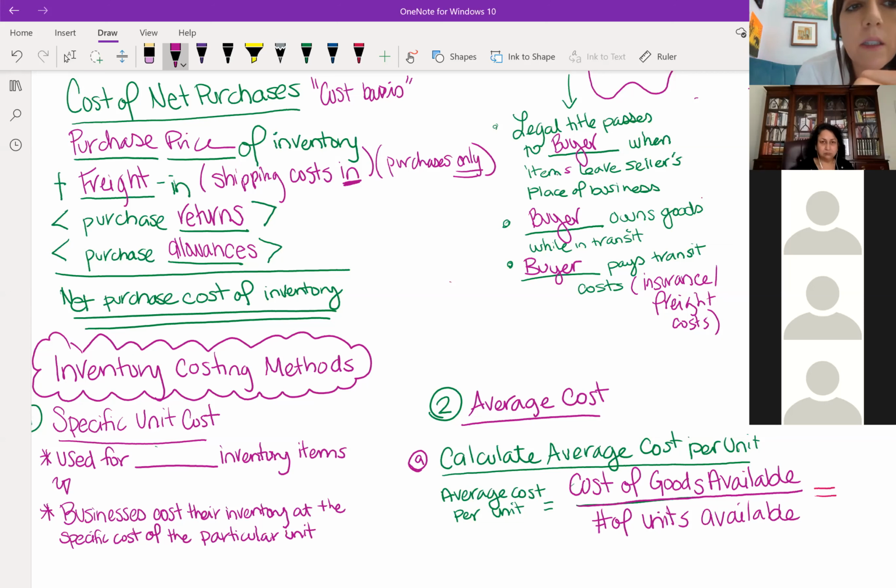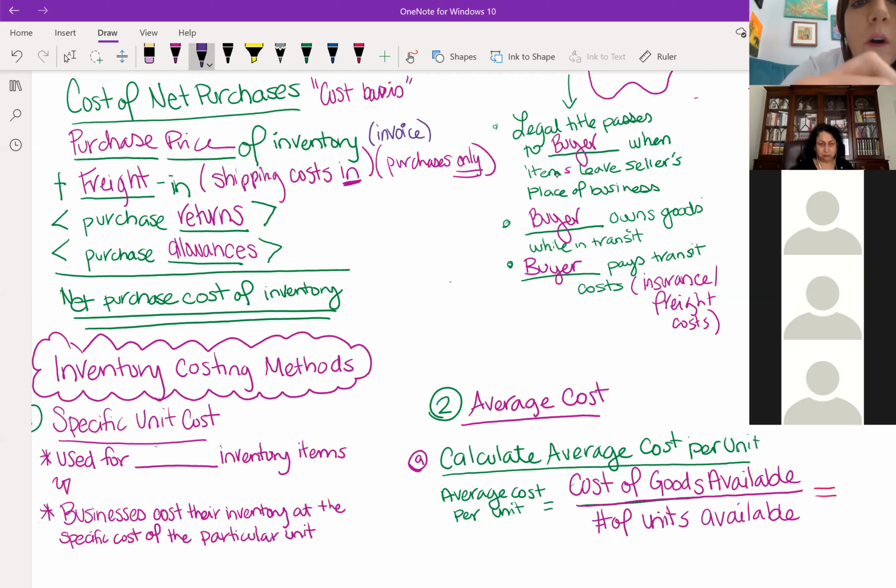We're going to start with the purchase price of inventory from our invoice. And our cost basis is also going to include freight in, so shipping costs to get those goods to our facility if we as the buyer had to pay them.